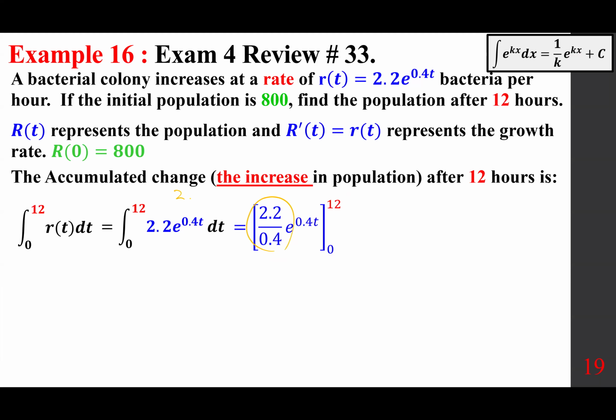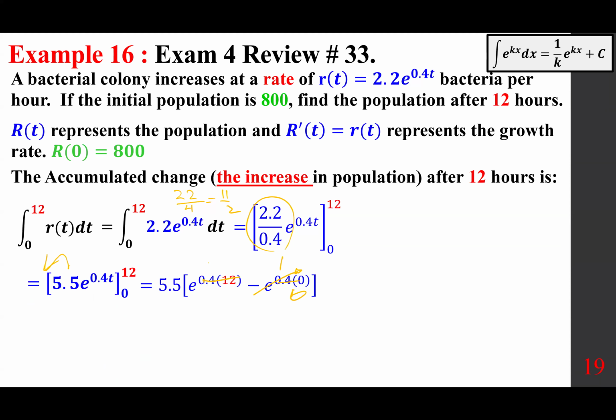This is 22 over 4, 11 halves, 5.5. We can take this out and plug in 12 minus plug in 0. Of course, this is 1, and this is 0, my apologies, and e to the power of 0 is 1.